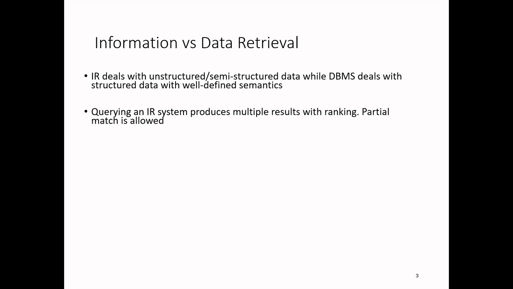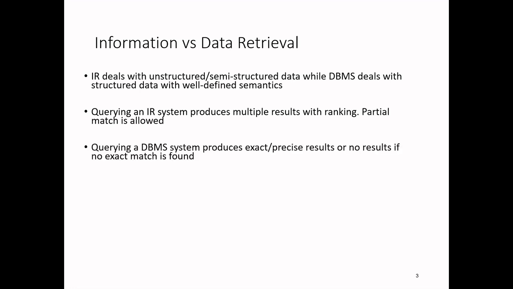Querying an IR system produces multiple results with ranking. Typically, that is what will happen. All right, you get lots of results, and those results are presented in certain order, rank order. All right. Partial match is also allowed. When you query a database management system, you will get exact or precise results or no result.